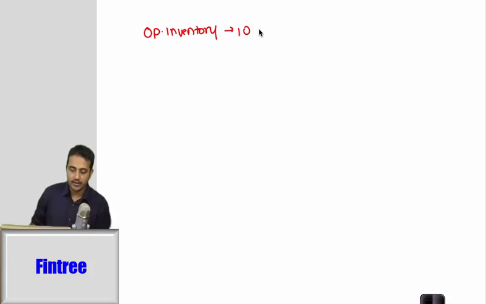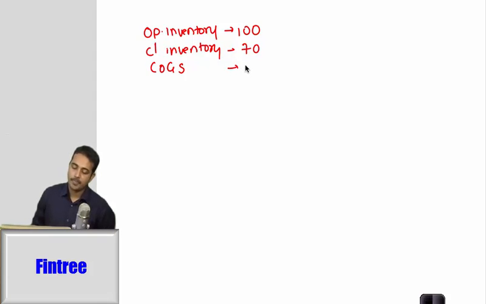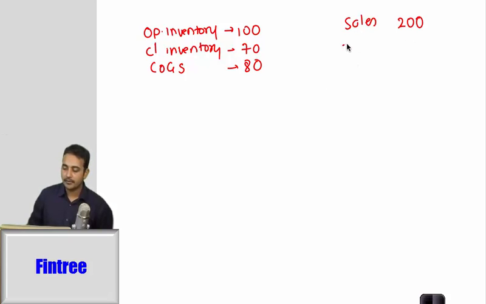Opening inventory 100. Closing inventory 70. COGS 80. Sales 200 minus COGS, that is your gross profit.